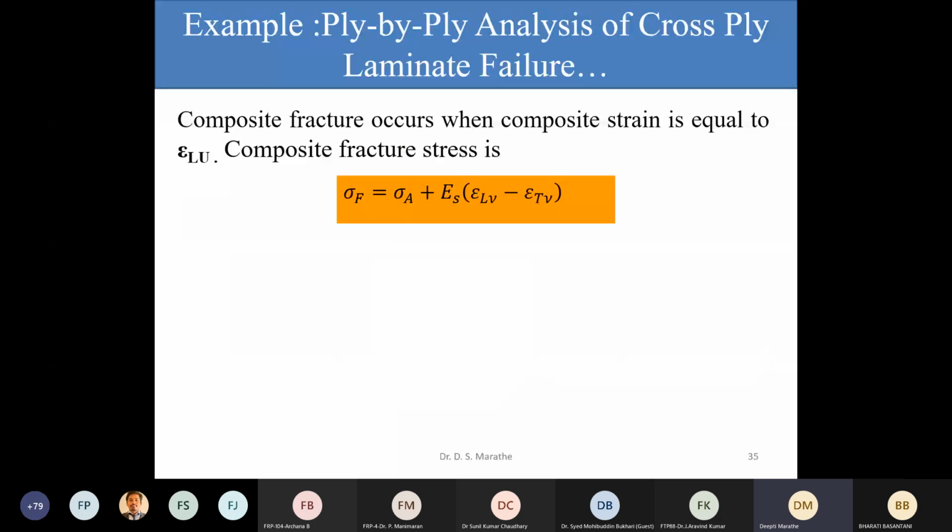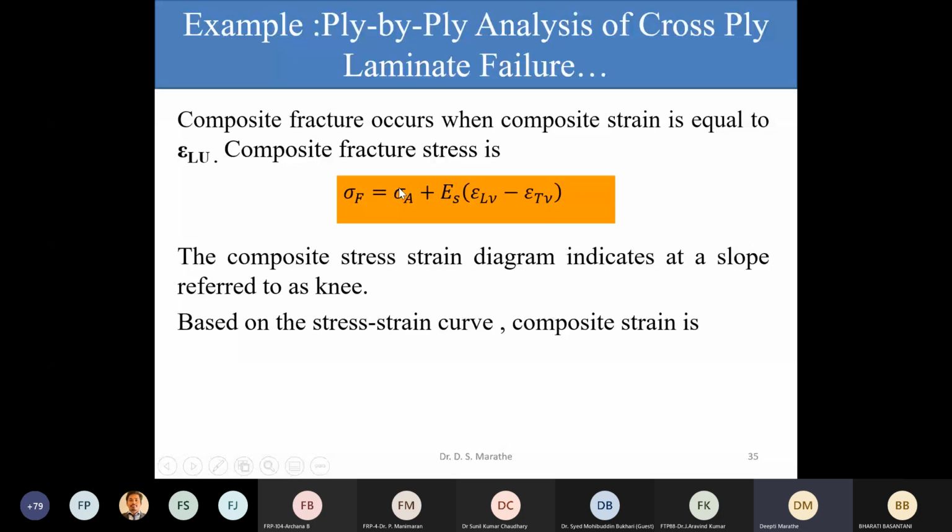So now I have the new composite strength, and when will my composite now finally fail? My composite is going to fail when all the 0 degree laminas in that are going to fail. So naturally sigma A is the stress in the 90 degrees ply which already is there.